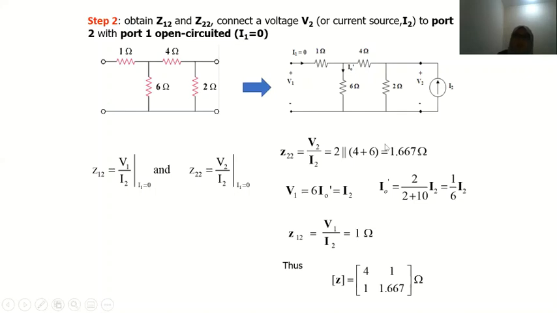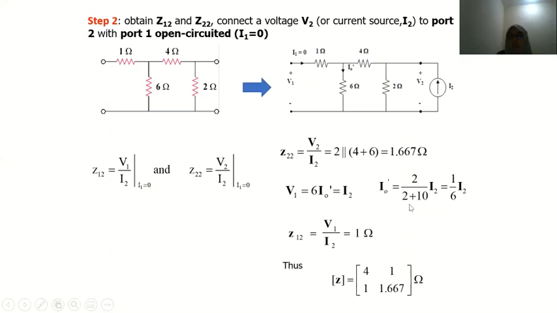From this circuit, we can see V1 is equivalent to 6 times I naught prime. Remember that I1 is equal to 0, so V1 becomes 6 times I naught prime.